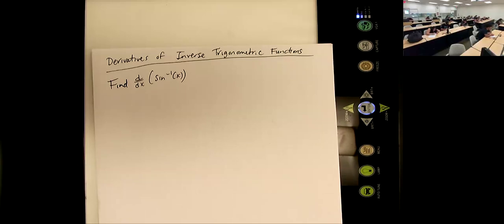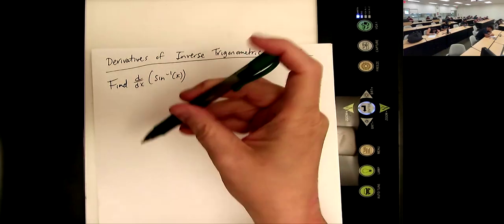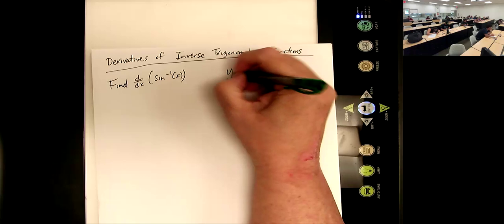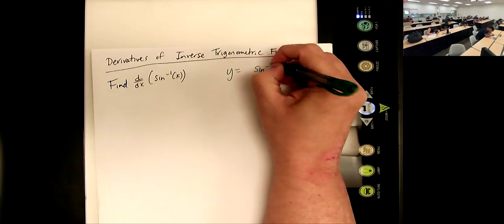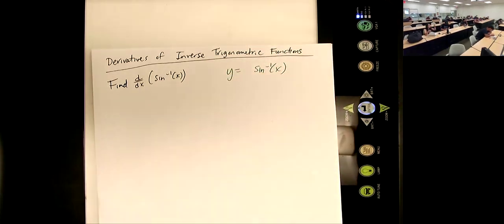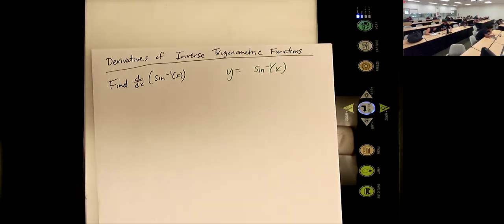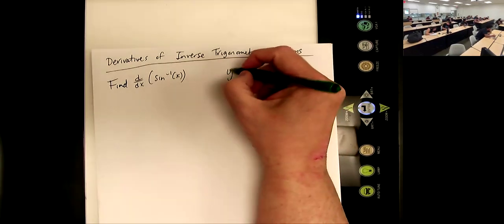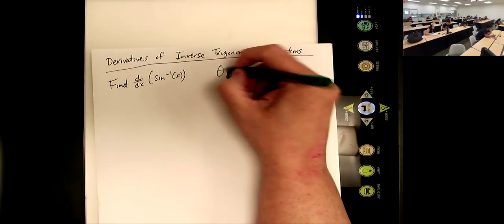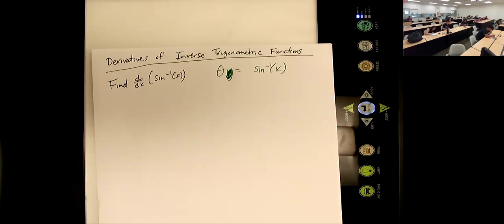So I'm gonna start off by saying y equals sine inverse x. In fact, no, let's not use y, let's use theta. Because when you do the inverse function of a trig function, it's actually giving you an angle.